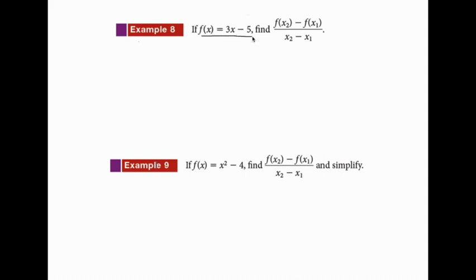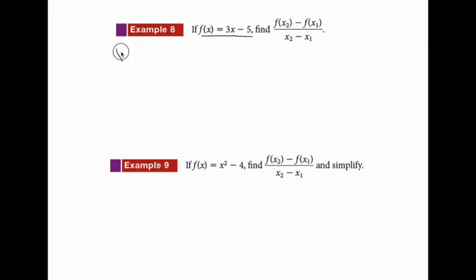Here's our f of x, and our difference quotient is taking the y value for the second point and subtracting the y value for the first point, and then doing the same thing with the x's in the denominator, finding the change of x. So in this example, we don't have specific x values, we have generic x values.